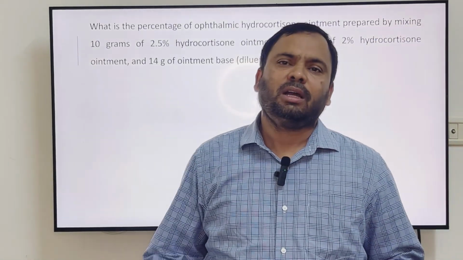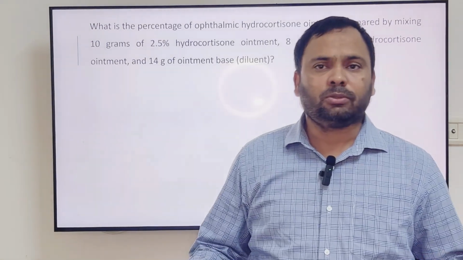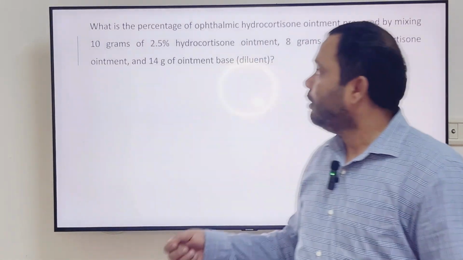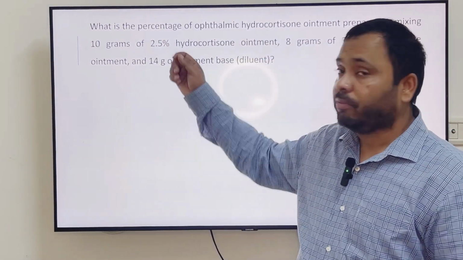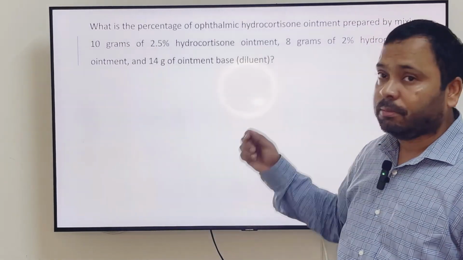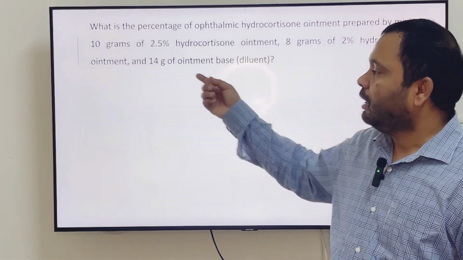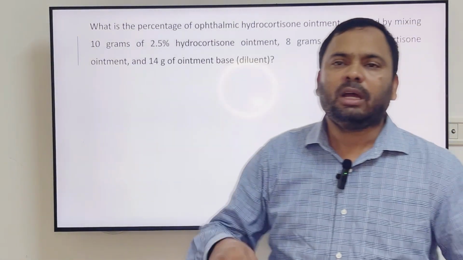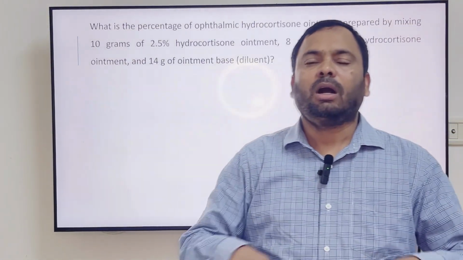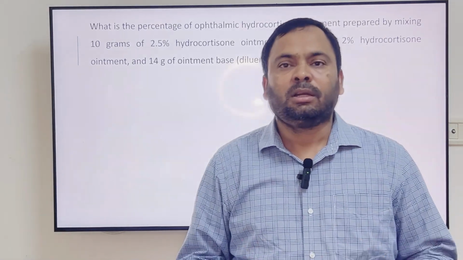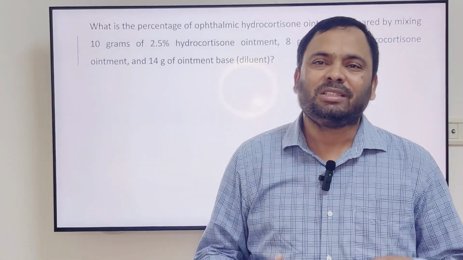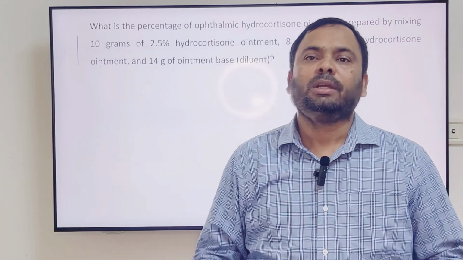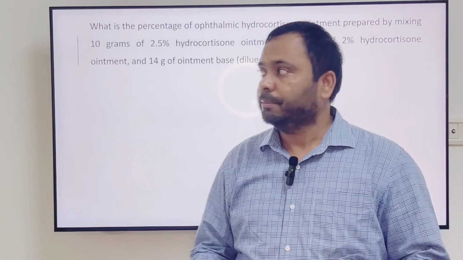It means I have been given two hydrocortisone creams. One is 10 gram and 2.5%, one is 8 gram and 2%, and there is the ointment base. We have to mix them together. Now after mixing, I have to calculate the percentage of hydrocortisone in the resultant cream.